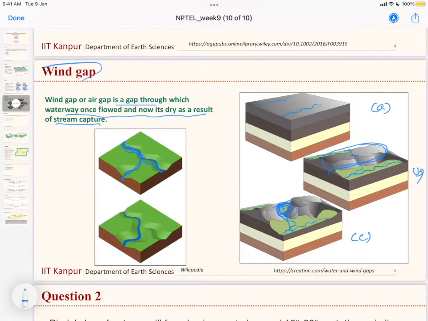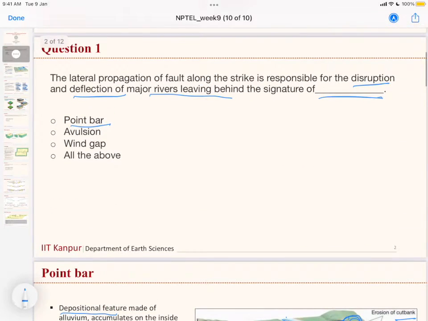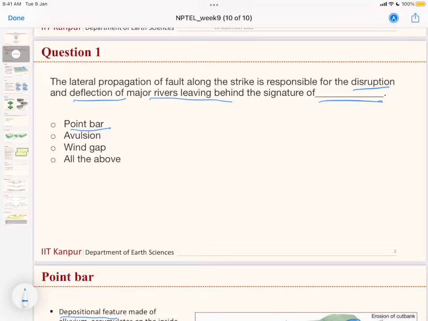This wind gap might happen due to faulting, or when some tectonic activity happens, due to which the path of the rivers gets changed. So if we try to answer the question, the lateral deposition, this can be understood from a simple strike slip faulting figure.